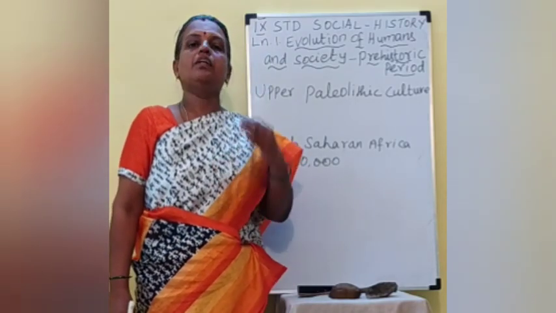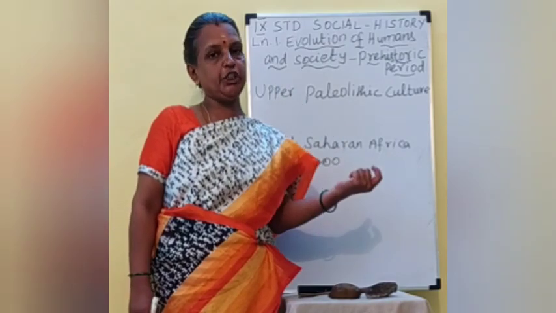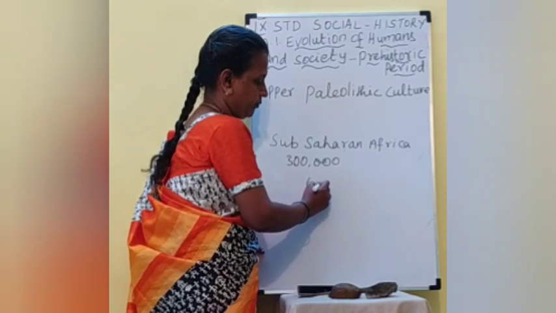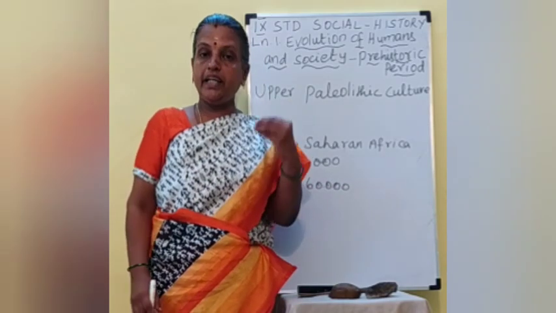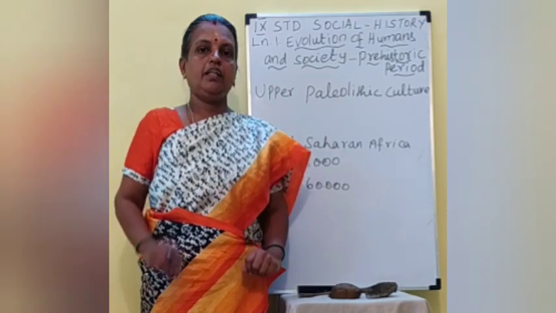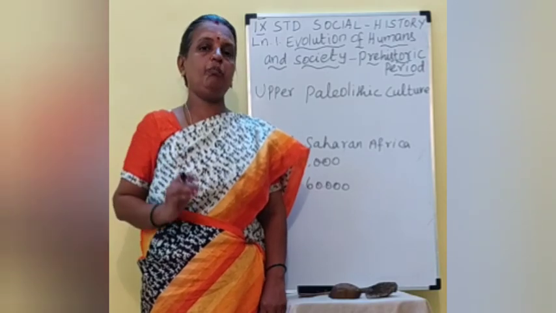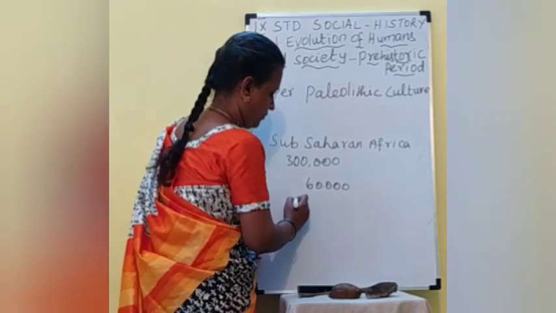These people started moving to various parts of Asia around 60,000 years ago. They replaced the earlier population. The people who lived in Europe were called Cro-Magnon.